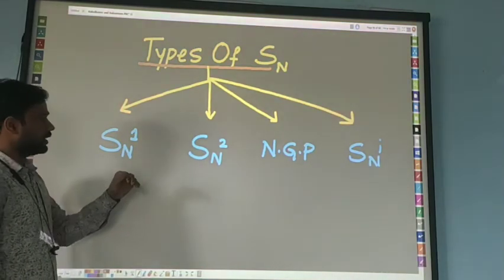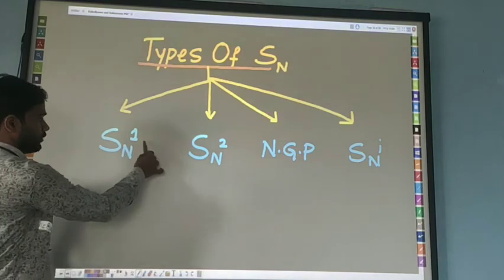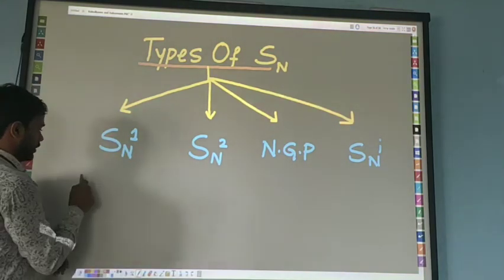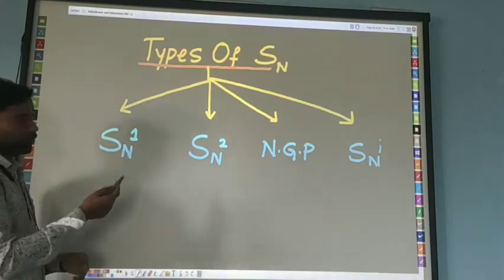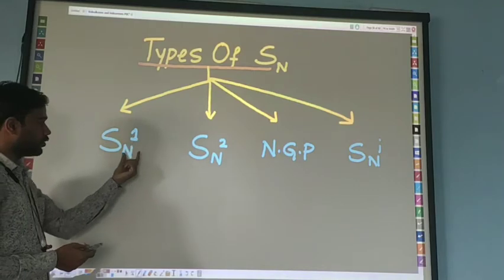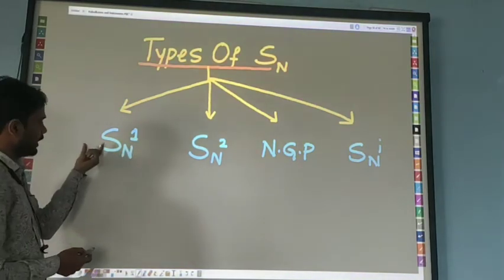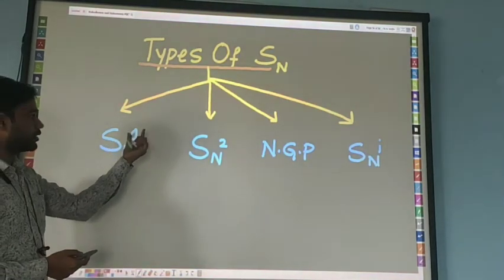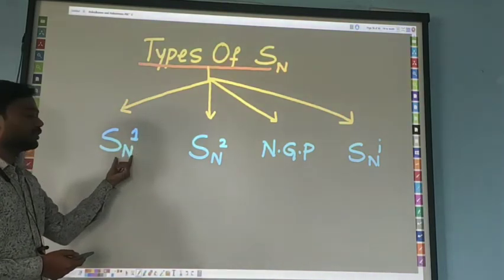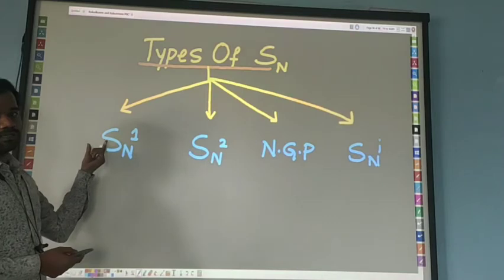Here SN1 means unimolecular nucleophilic substitution reaction. What do you mean here? 1 means unimolecular, N means nucleophilic, S means substitution. Why? Because here one molecule is making the major difference on the nucleophile by making the substitution.